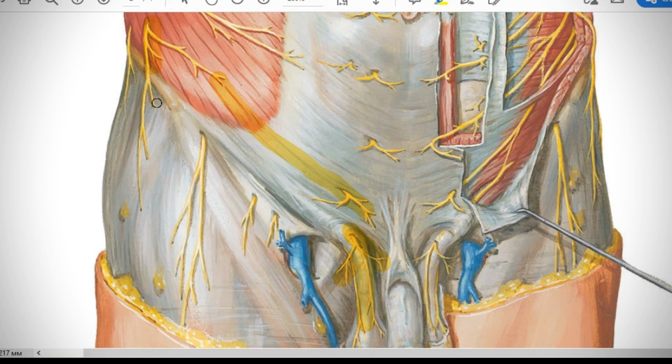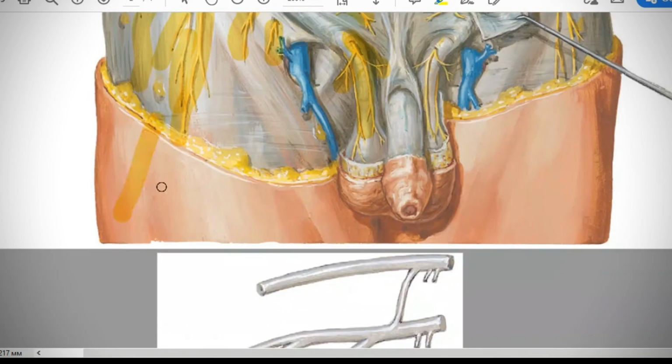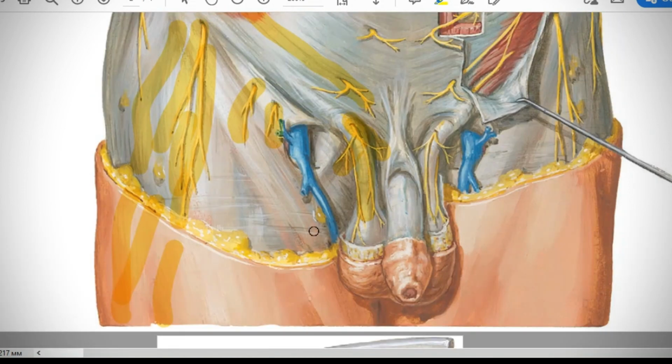Next, under the inguinal ligament, you have ramus femoralis of the genitofemoral nerve, that supplies this area under your inguinal ligament. Laterally, you have nervus cutaneus femoris lateralis, the lateral cutaneous femoral nerve, that goes down and supplies the lateral aspect of your thigh until the knee joint.